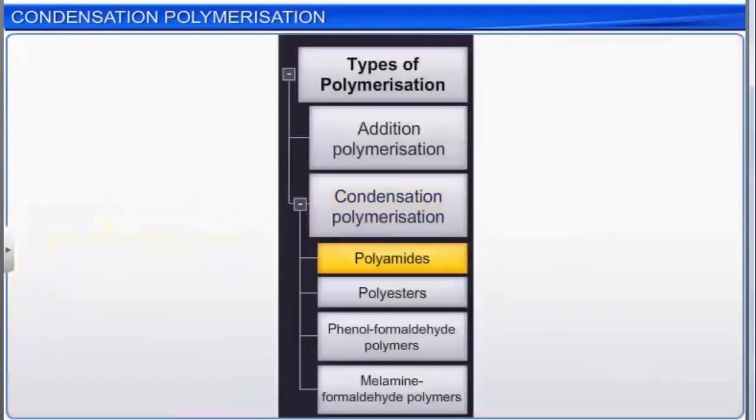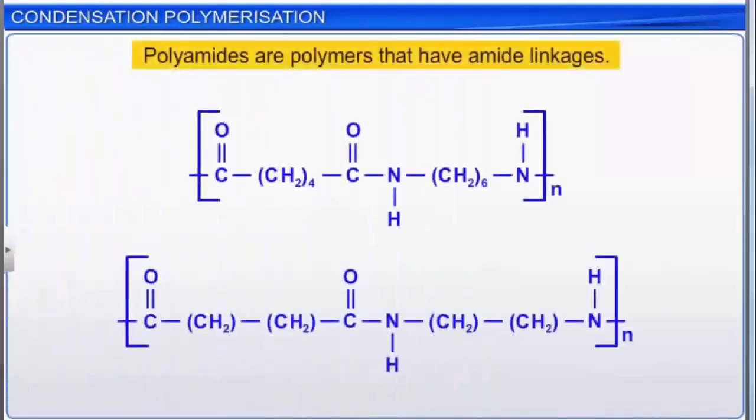Polyamides, polyesters, phenol formaldehyde polymers, and melamine formaldehyde polymers are all important condensation polymers. Polyamides are polymers that have amide linkages.